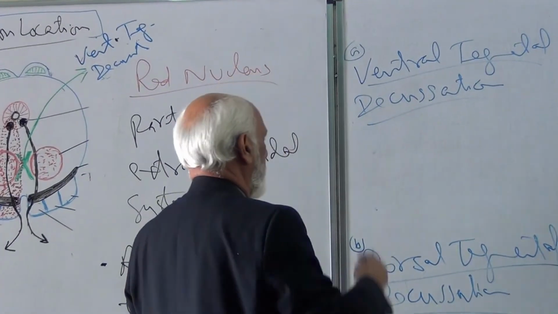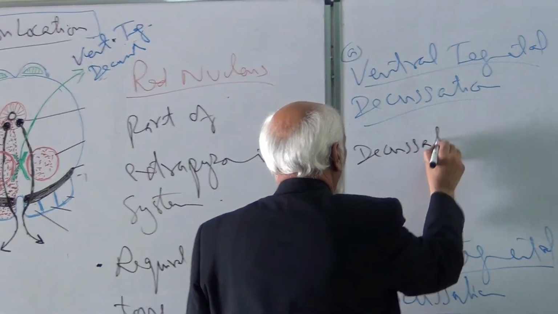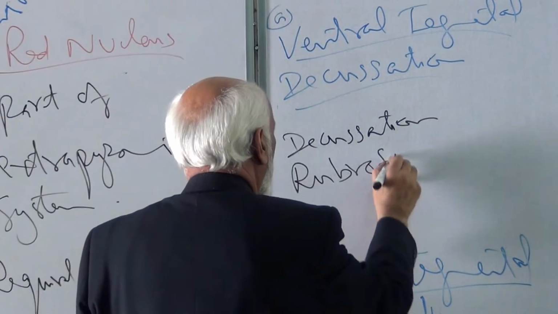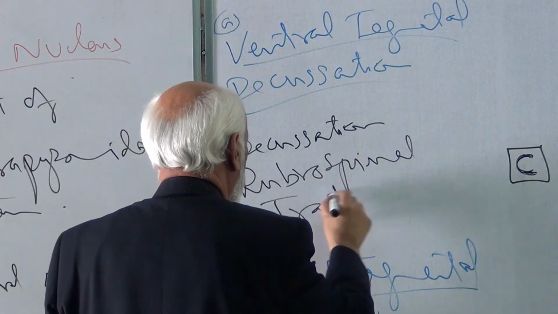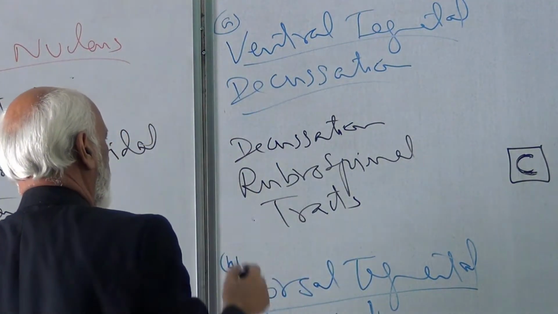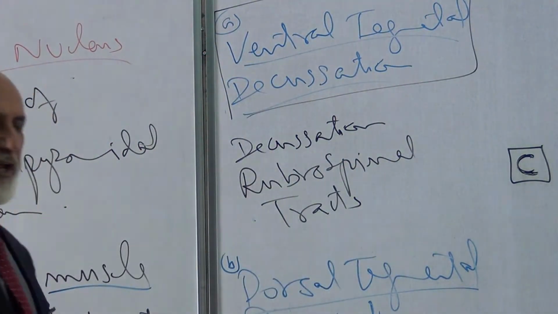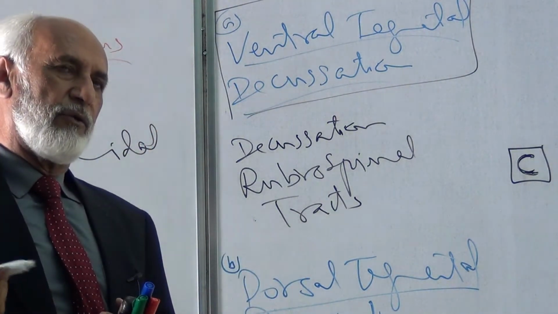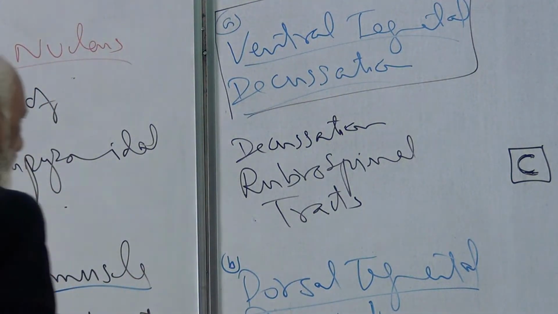In the ventral tegmental decussation, there is decussation of rubrospinal tracts, the tracts originating from the red nucleus and then terminating in the spinal cord.